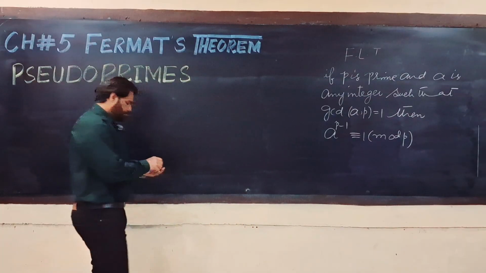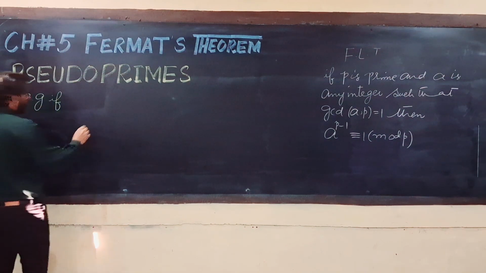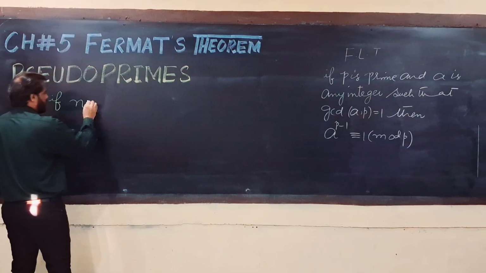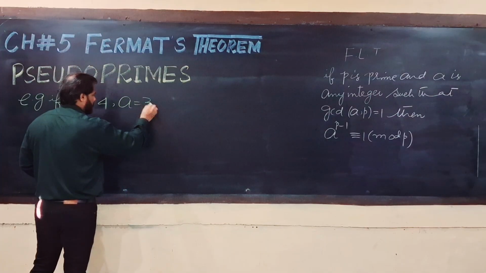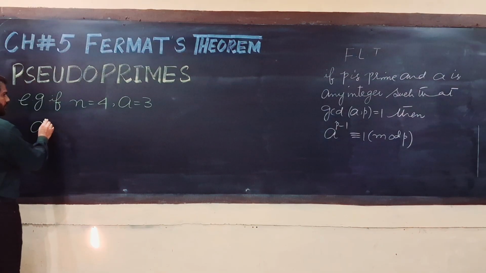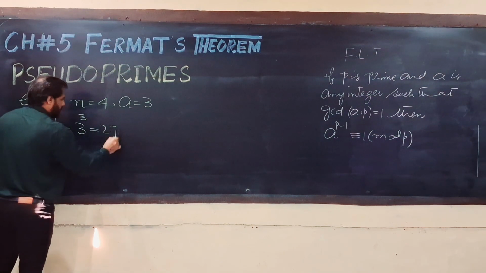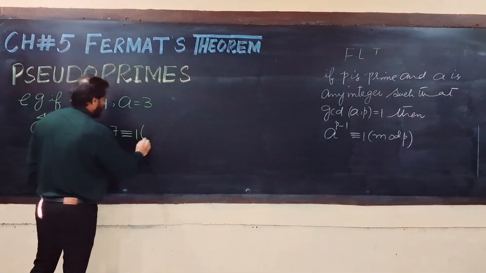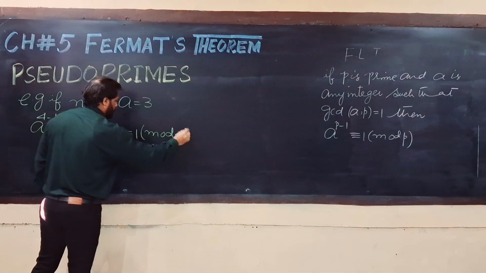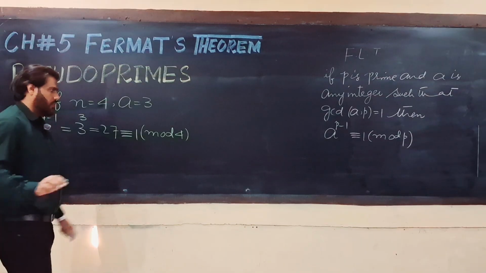For example, if we take n equal to 4 and a equal to 3, then a raised to power n minus 1, that is 4 minus 1, is 3 raised to power 3, which is equal to 27, and 27 is congruent to 1 modulo 4. So for this choice, the theorem holds.